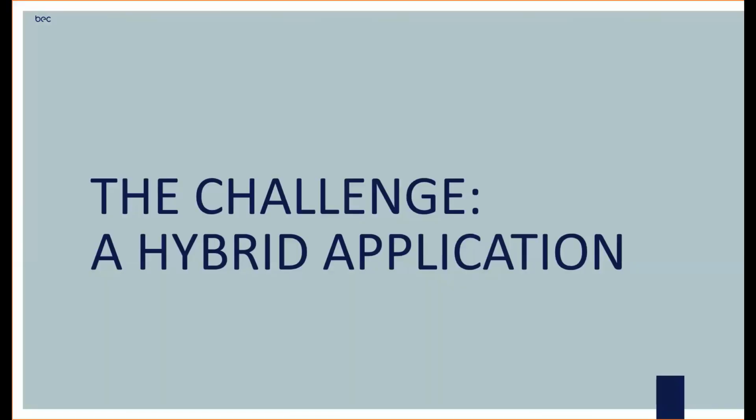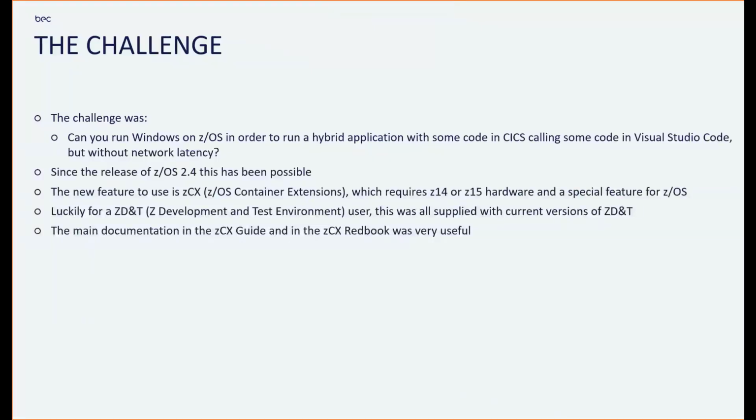So let's first describe the challenge. The question was, can you run Windows on zOS in order to run a hybrid application with some code in CICS calling some code in Visual Studio Code, but without the network latency? And why would that be interesting?